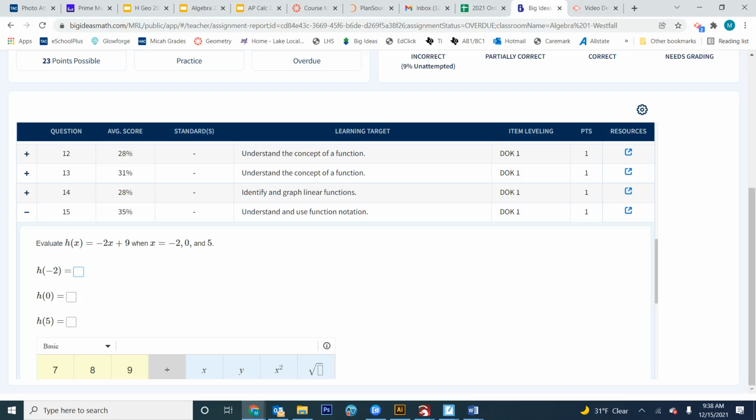And then H of 5 equals negative 2 times 5 plus 9. What's negative 2 times 5? Negative 10 plus 9? Negative 1. You type negative 1 right there for H of 5. Just type the number in there. That's all you would do.